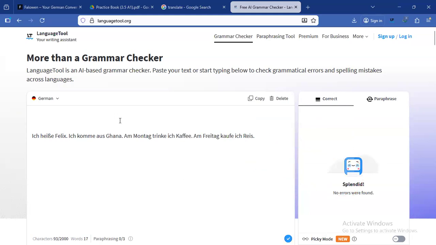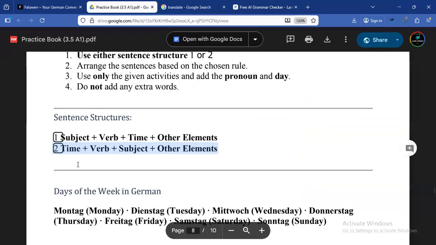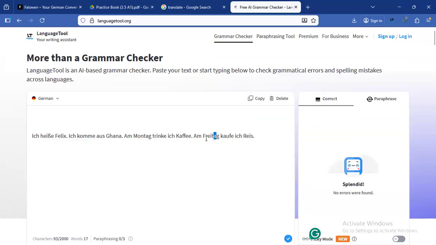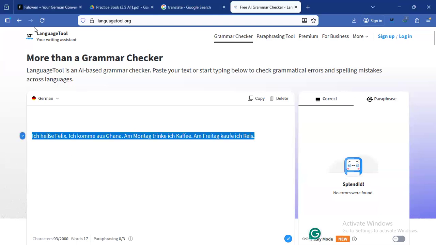So the same phrase, just that here I started with the time, I applied the second rule here, right? And here too, I started with time, so here is not "ich", here too is not "ich", and they are saying that my work is well organized.